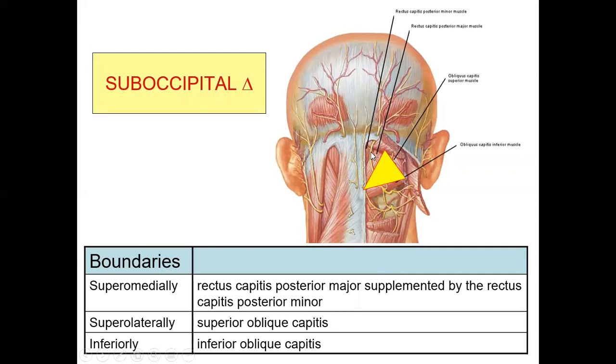This is the superomedial boundary. And then superolaterally, it is bounded by the obliquus capitis superior muscle, or the other name for this muscle is superior oblique capitis muscle, the same thing actually. And then inferiorly, we have the obliquus capitis inferior muscle or inferior oblique capitis muscle, the same thing. So this is the boundary of the suboccipital triangle.